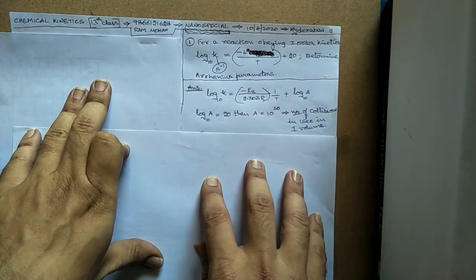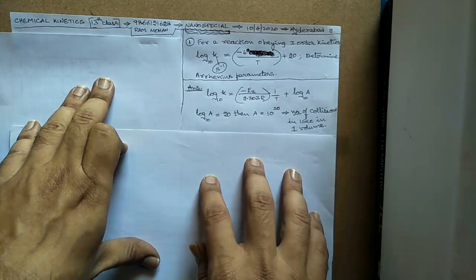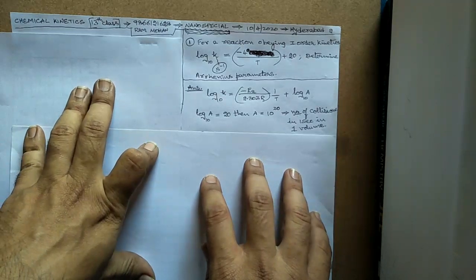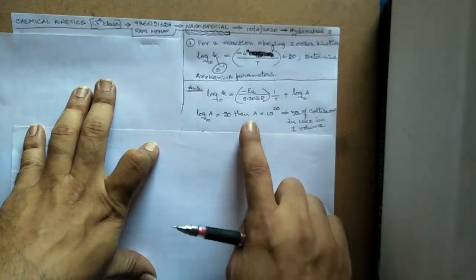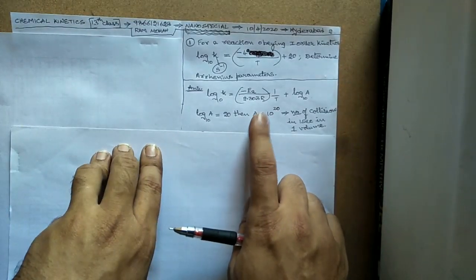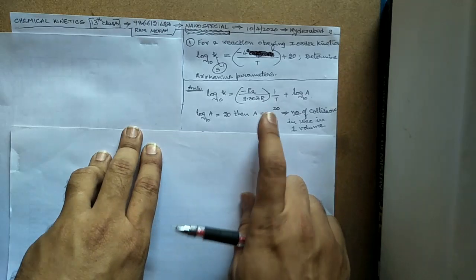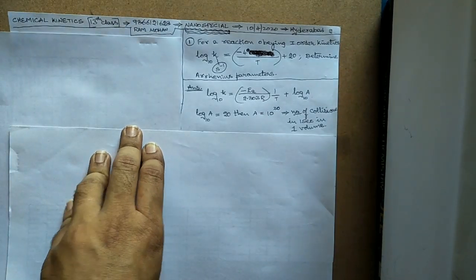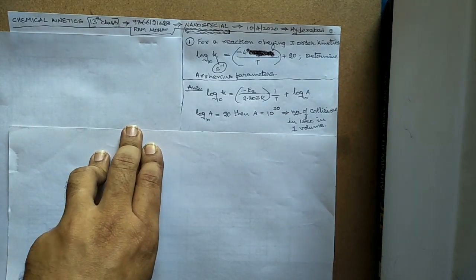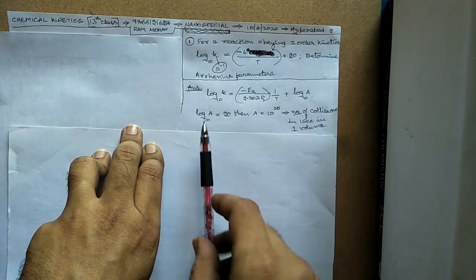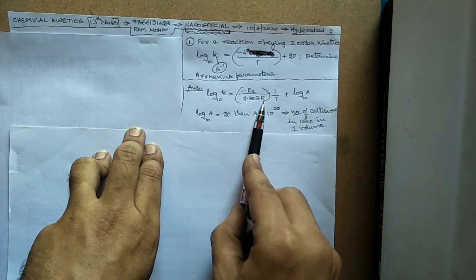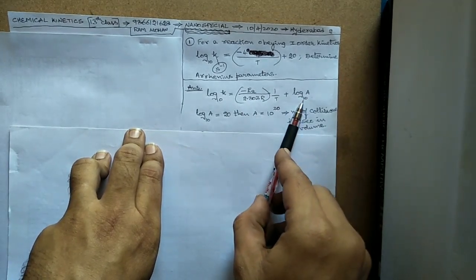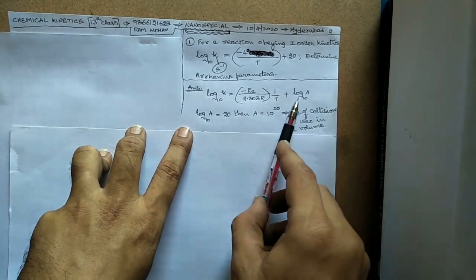So let's talk about this first. We are supposed to be finding Arrhenius parameters. Log k to base 10 is minus EA by 2.303 R into 1 by T plus log A to base 10. So A should be found. How can I find this?